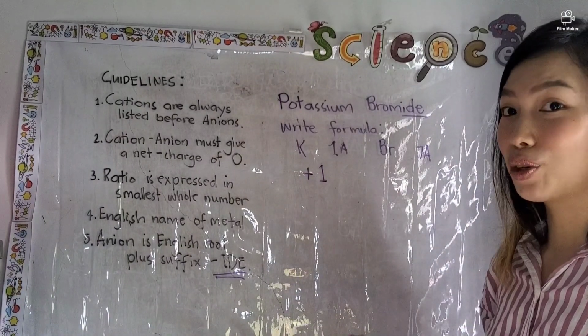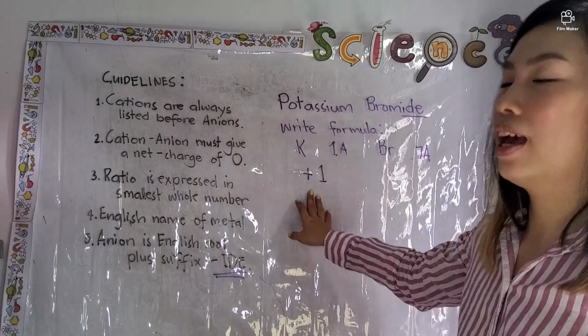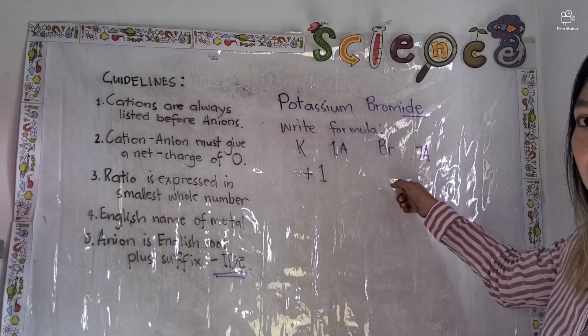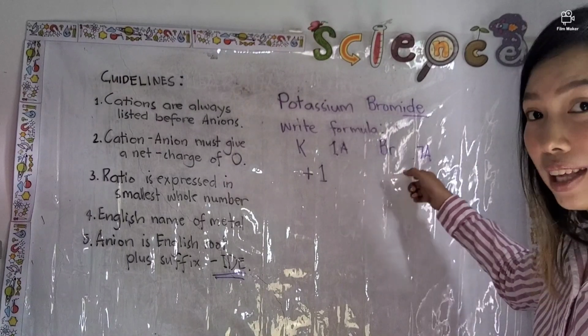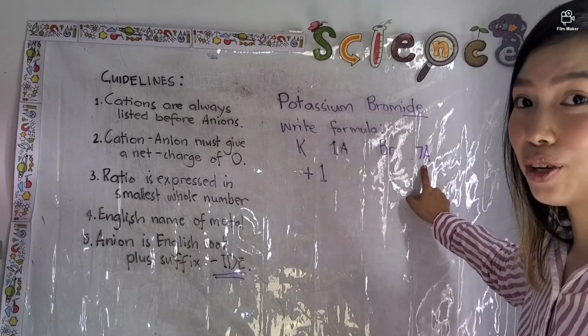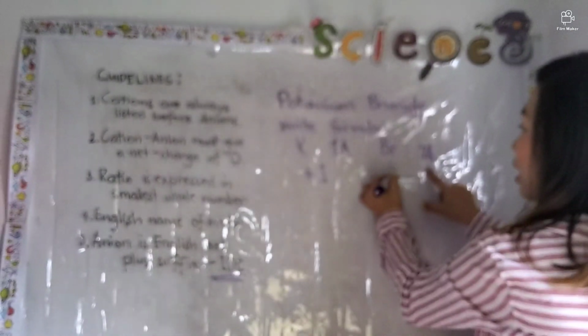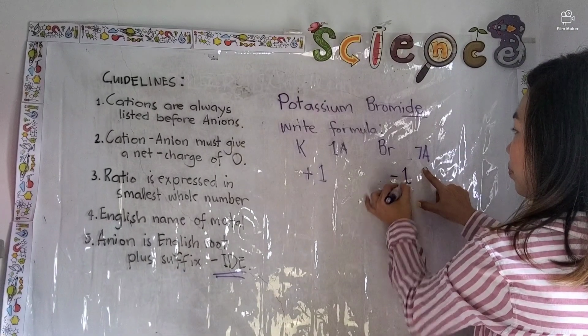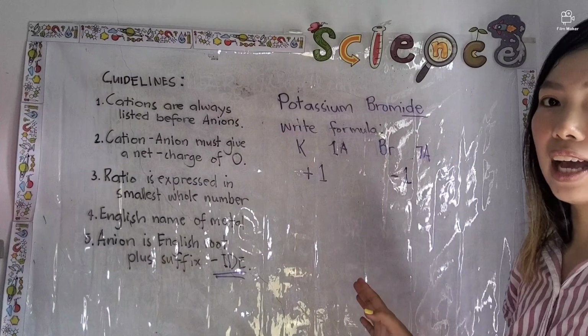Kasi siya ay nasa group 1 at dahil siya ay isang metal, siya ay isang cation. Then on the bromine, bromine is found on group 7A. At dahil nasa 7A, ano ang kanyang ions? The ion of group 7A is negative 1.